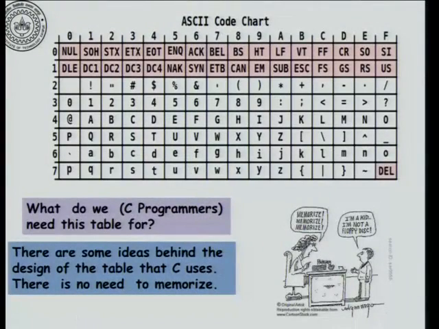We don't have to say that the ASCII code for A is 65, that's a waste of our memory. There are some ideas behind the design of the table, how the table is structured, which C programmers can use. There is no need to remember that a particular character had a particular ASCII value.